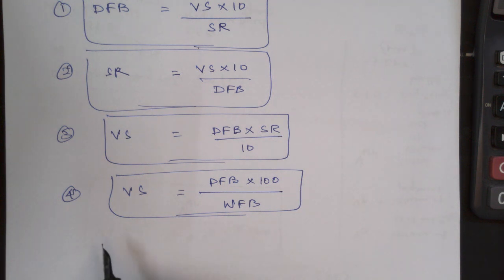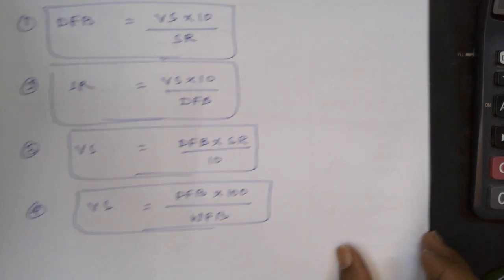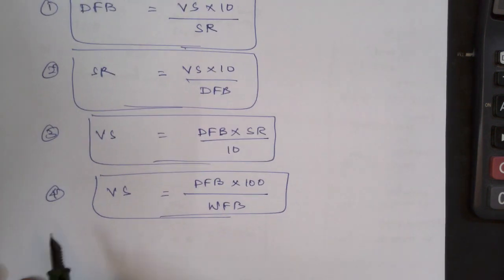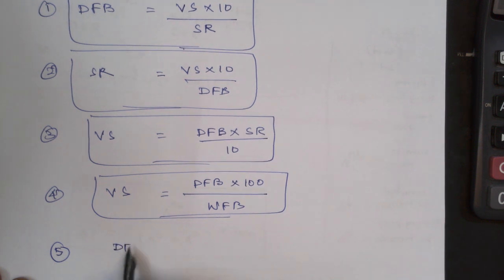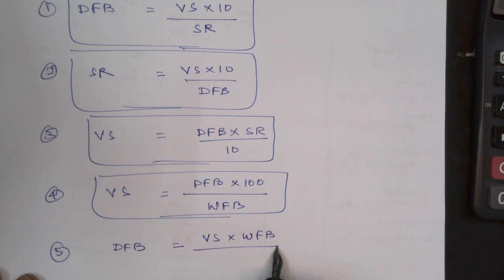The DFB is calculated based on wet film also, wet film and volume solid. So the DFB can be calculated based on this equation: Vs into WFB, what is WFB? Wet film build, that is wet film thickness, divided by 100.